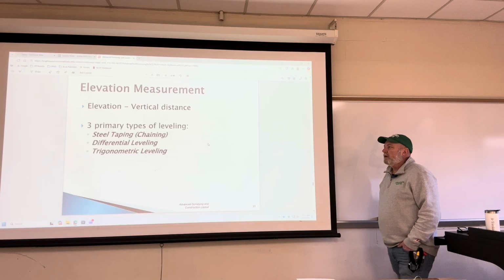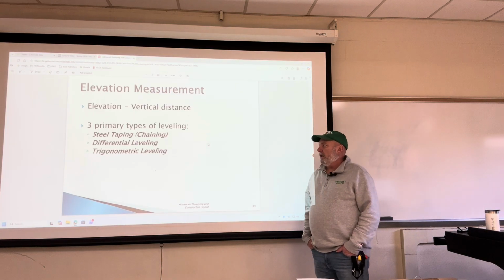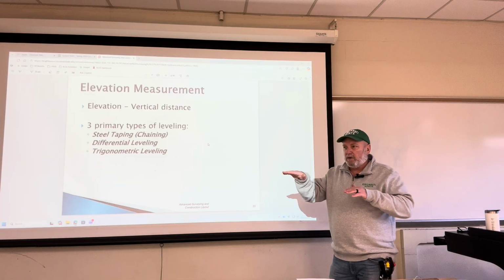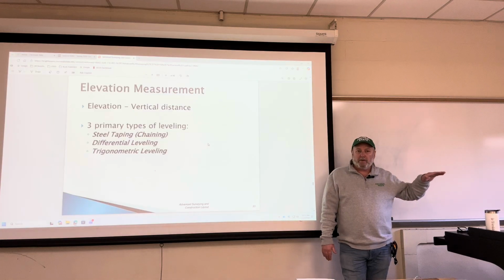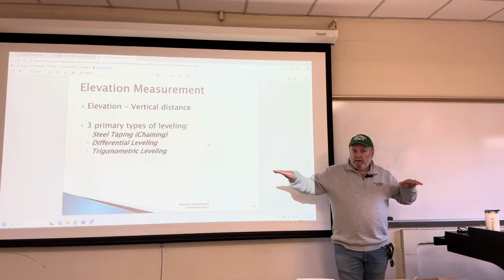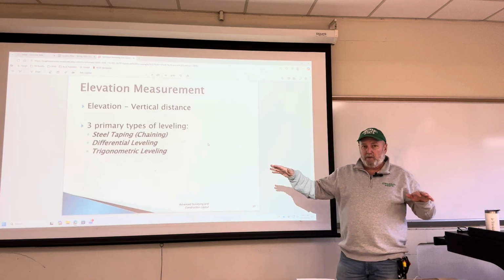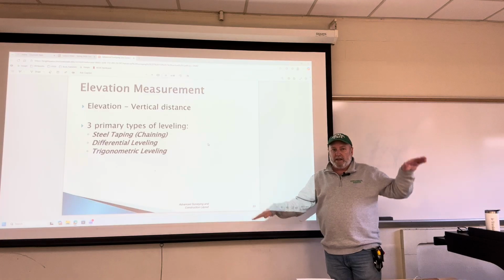Pretty simple, pretty basic. Differential leveling will be where we set up a level in some random place, establish a horizontal plane, read a vertical difference off of a benchmark or a known elevation, turn to another point of unknown elevation, read a vertical difference there, and calculate what the elevation is.